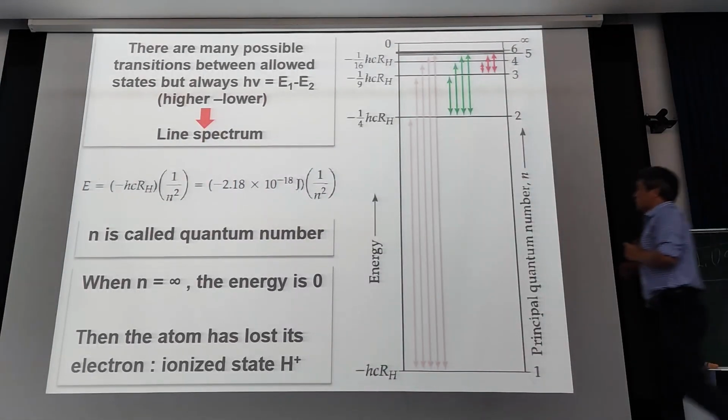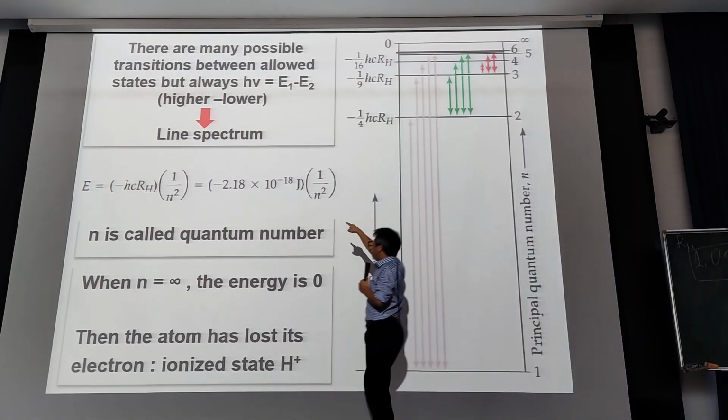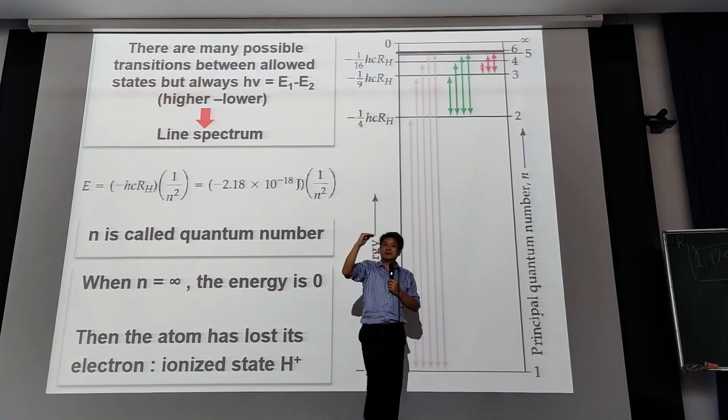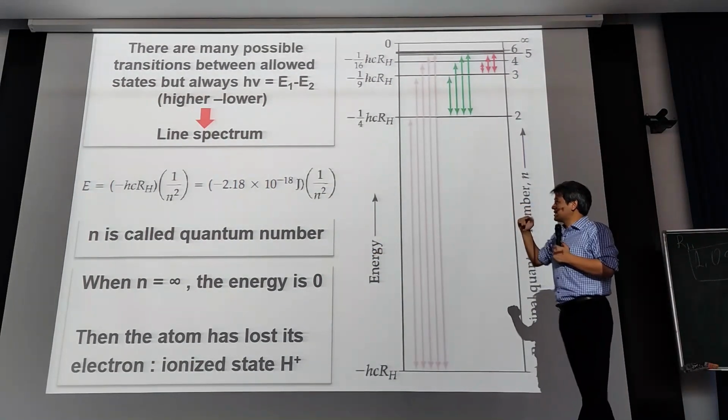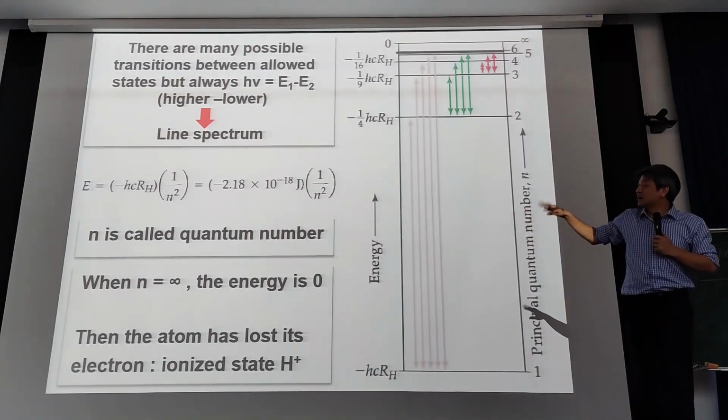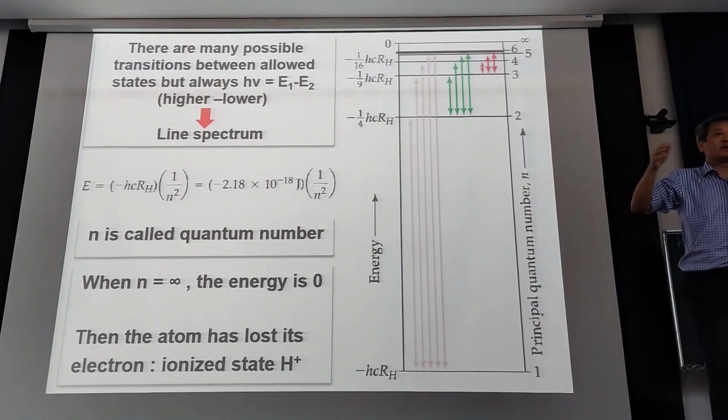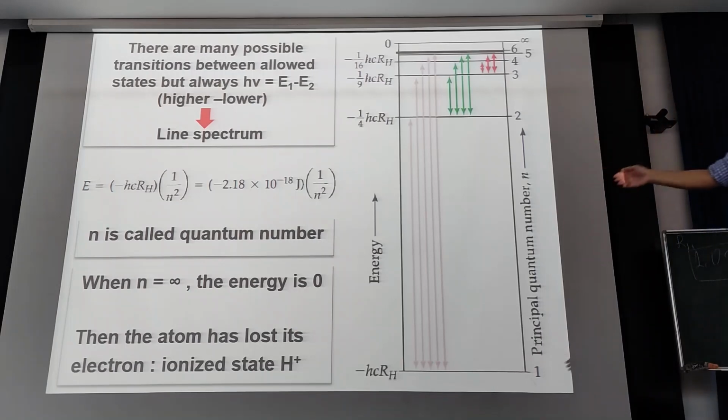And you know this equation describing the energy at one state by Bohr, right? So imagine that when n, the quantum number, which you will learn in the next part of the lecture, equals infinity, then you will have energy equal to 0.